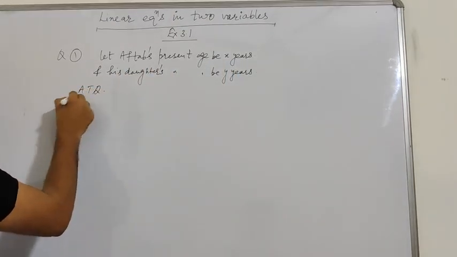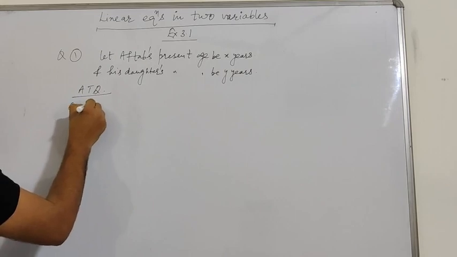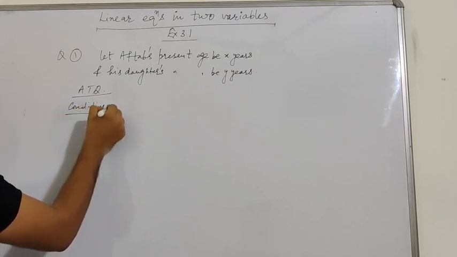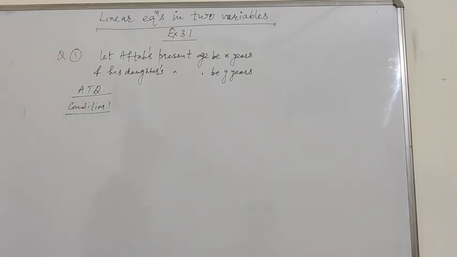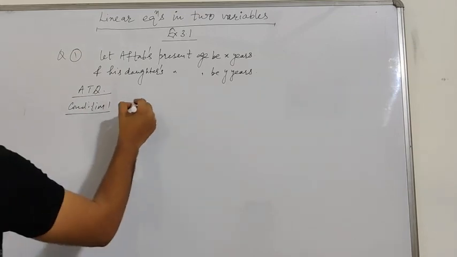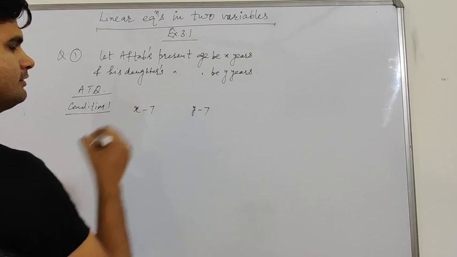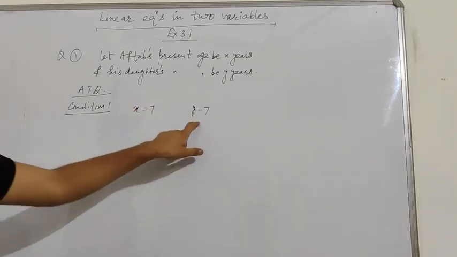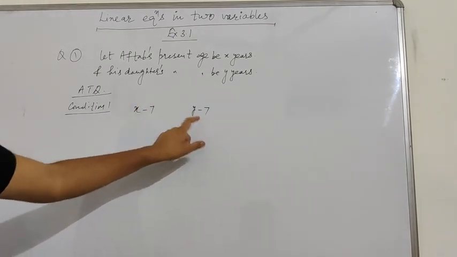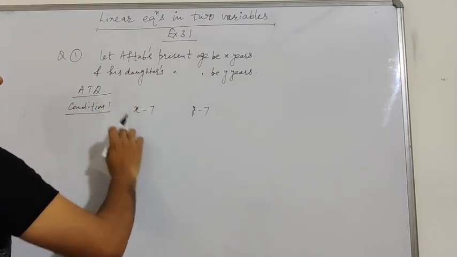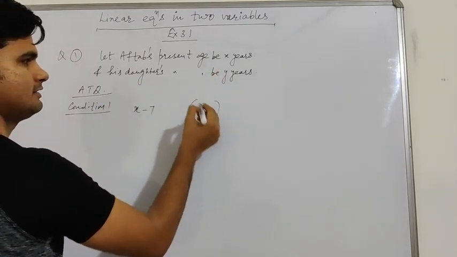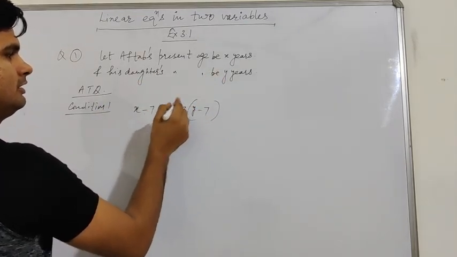Now move according to the question. First condition: 7 years ago, x minus 7 and y minus 7. I was 7 times as old as you were then. This Aftab age is 7 times this age of his daughter.